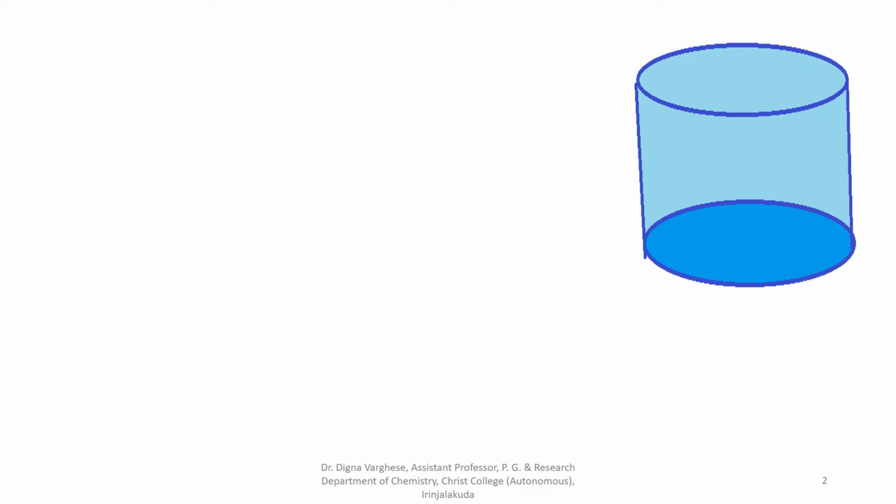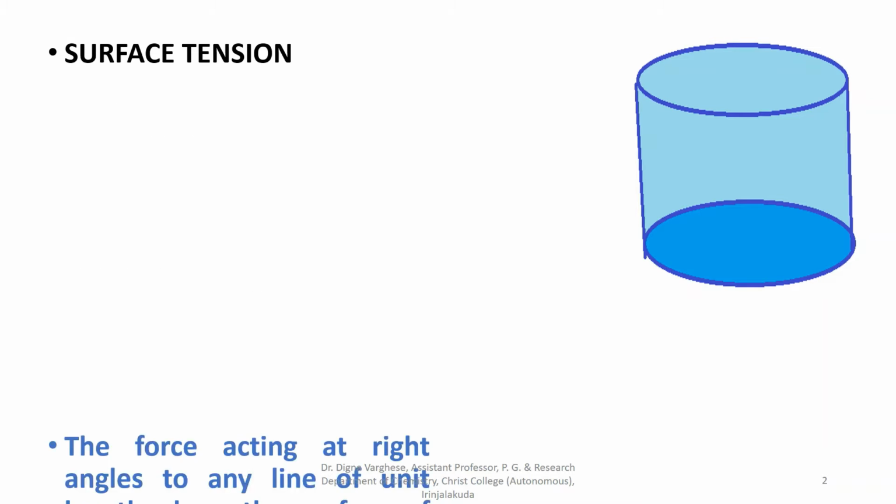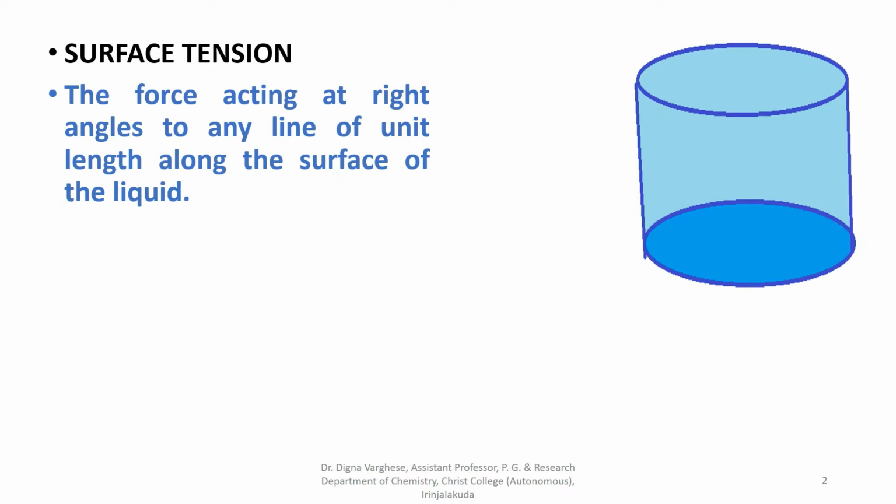We can now define surface tension in another way. Surface tension is the force acting at right angles to any line of unit length along the surface of the liquid. Consider an imaginary line on the surface.